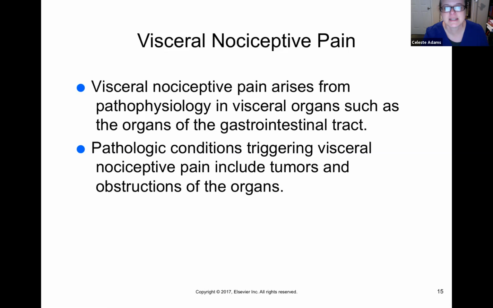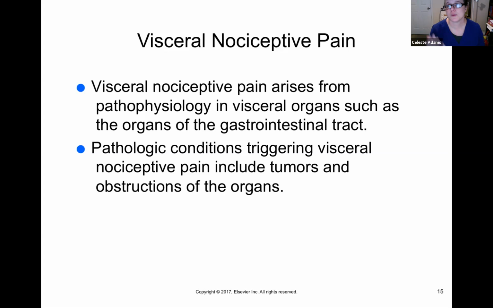Whereas visceral is the actual organ that's causing the pain, such as the GI tract, heart, kidney, uterus. Those are some common visceral nociceptive pain organs that can cause pain.